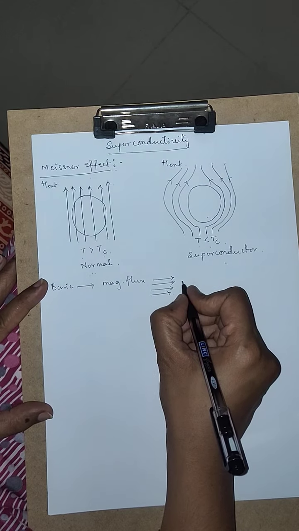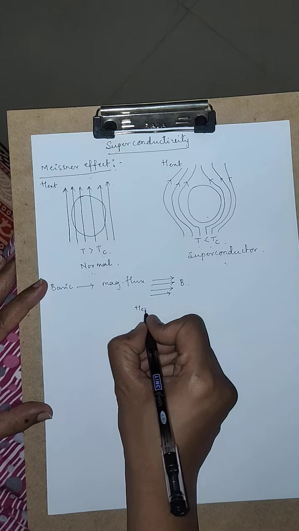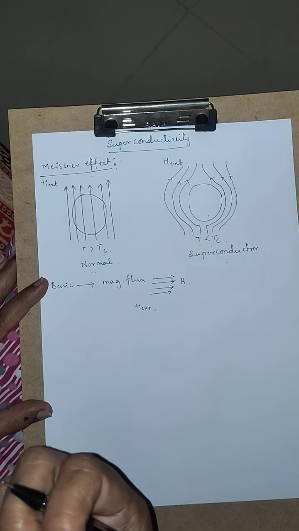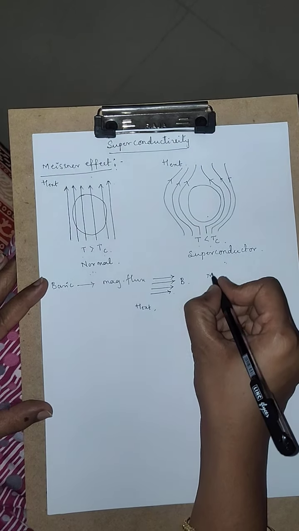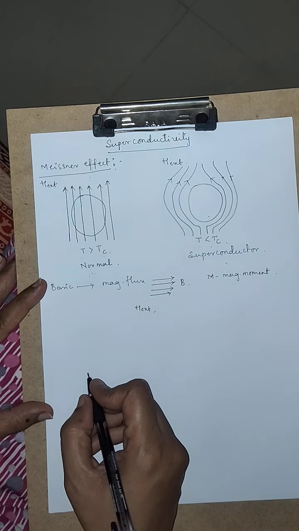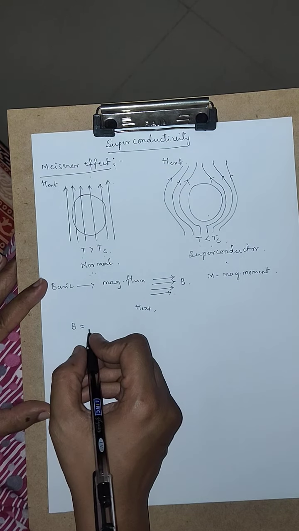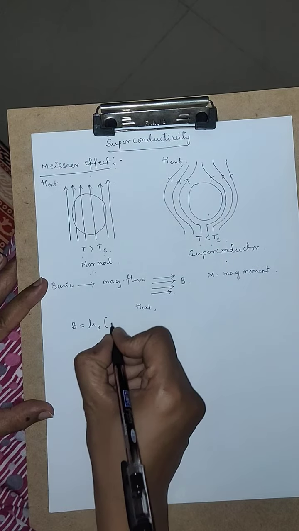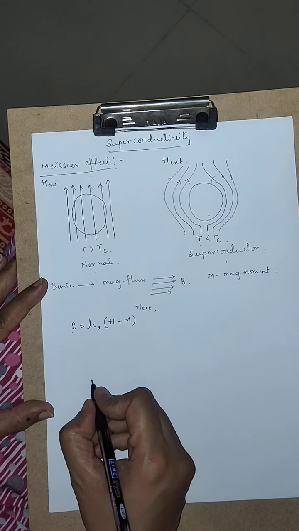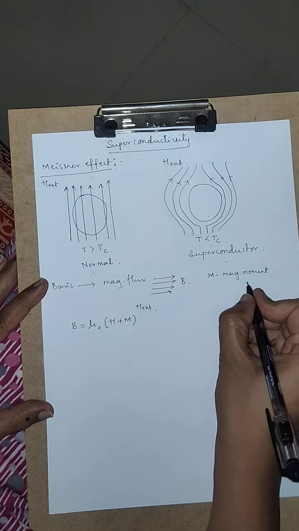It has the magnetic flux density B. The strength of the magnetic field is H external, or H. If a material acquires or holds the magnetic field, we call it the magnetic moment M. All these can be connected such that the magnetic flux acquired by a material in the normal state is B = mu naught (H + M), where B is the magnetic flux density, mu naught is a constant, H is the external magnetic field and M is the magnetic moment.